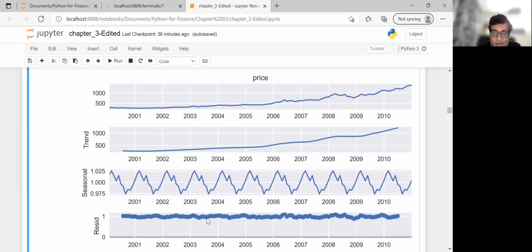And this is what we have, the residuals. Which means that after that, whatever is left, so if we need to find this particular price, we need to multiply this trend, this particular month's seasonal factor, and this particular residual, then we get this price. So now, since we know our seasonal component is constant, for forecasting also, we can have the same seasonal factors.